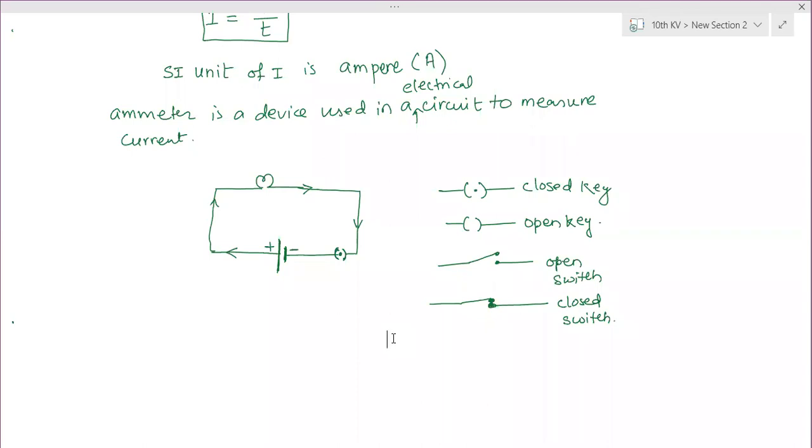We got to know that the current flow is because of the free electron movement, and free electrons move from negative to positive, but still we have not changed that direction. We consider the direction of current from the positive terminal of the battery to the negative terminal.